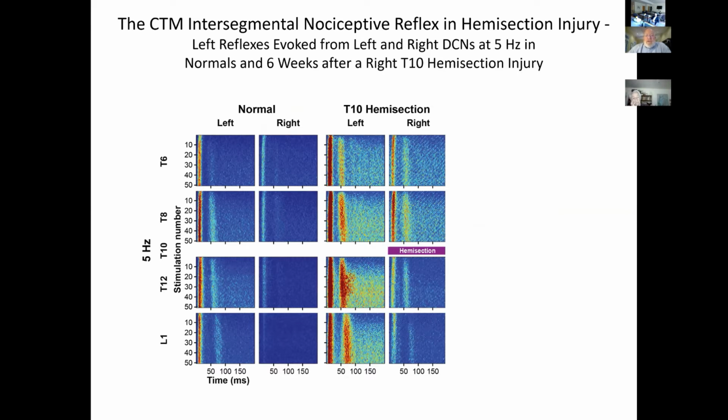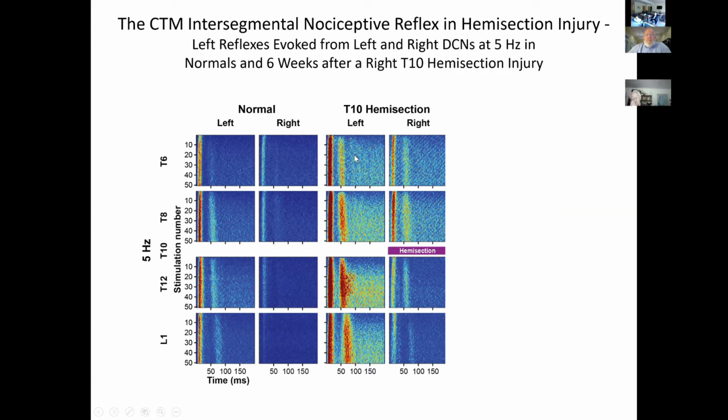I showed you this a few slides back, but 6 weeks after that right T10 hemisection injury, this is what those reflexes look like. So below the hemisection, there are now increased reflexes compared to when we had an uninjured case over here. But interestingly, there's also increased reflexes above this injury on this side compared to over here. Below the injury on the uninjured side, the reflex has gotten larger compared to over here.